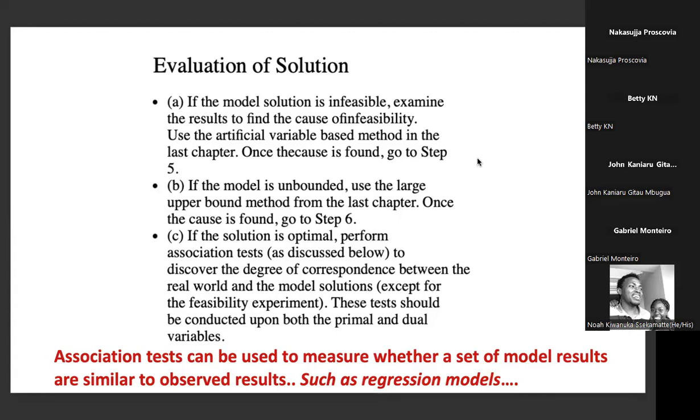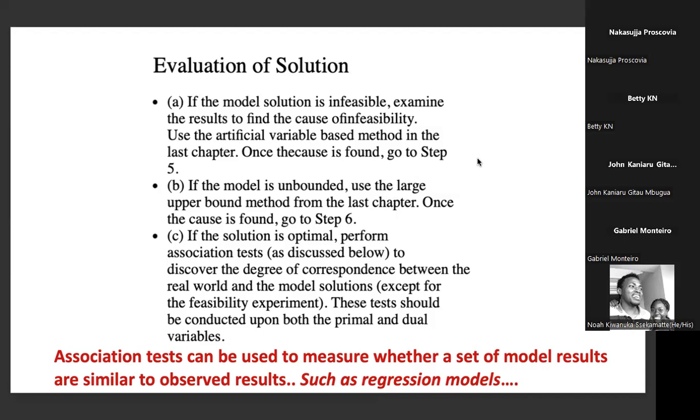There are so many different ways to perform association tests. For example, regression models. You can discover the degree of correspondence between the real world and the model solutions. You can also perform tests to look at the primal and dual variables.